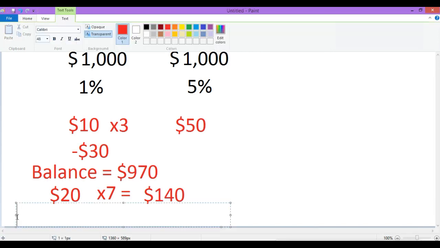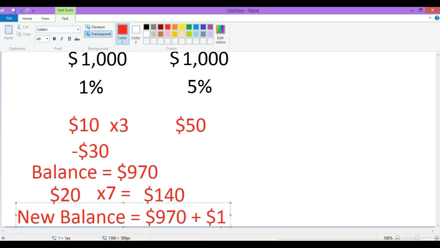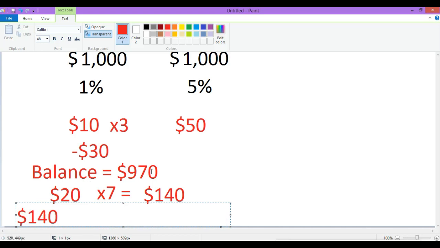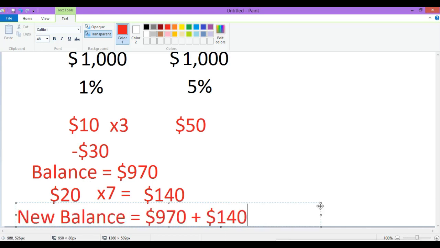Now what we can now do is add this $140 to the $970 we have as our balance. So our new balance will now be $970 plus $140 profit equals, I think that's $1,000.